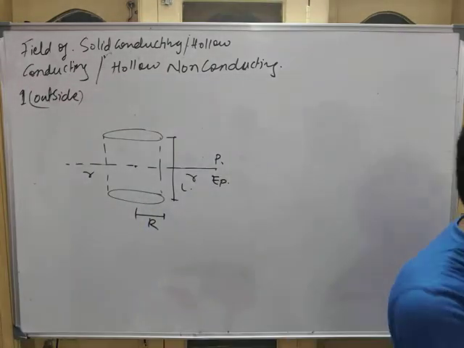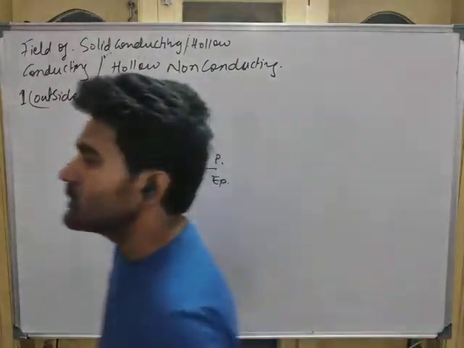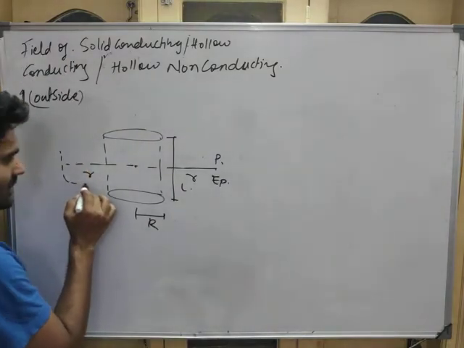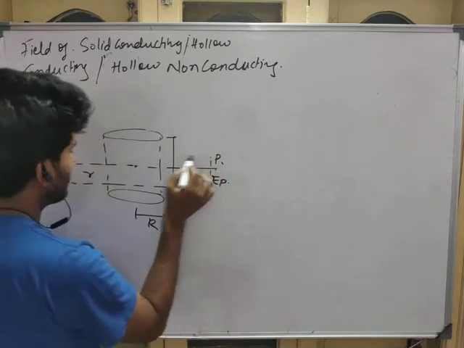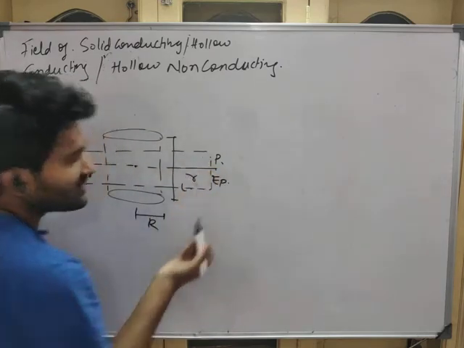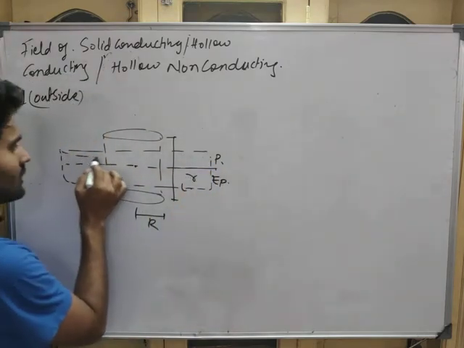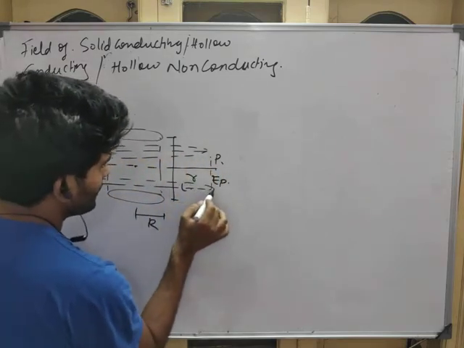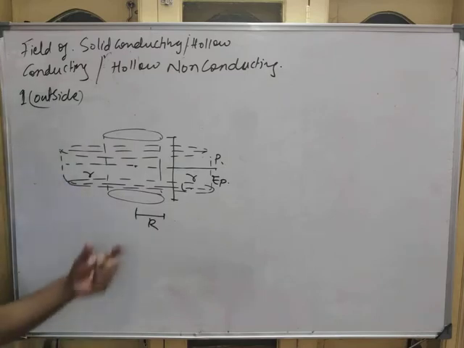So how will we find that? With the help of Gauss law. What we'll do now? We'll create an external cylinder, some imaginary cylinder, right? So this cylinder will be what?